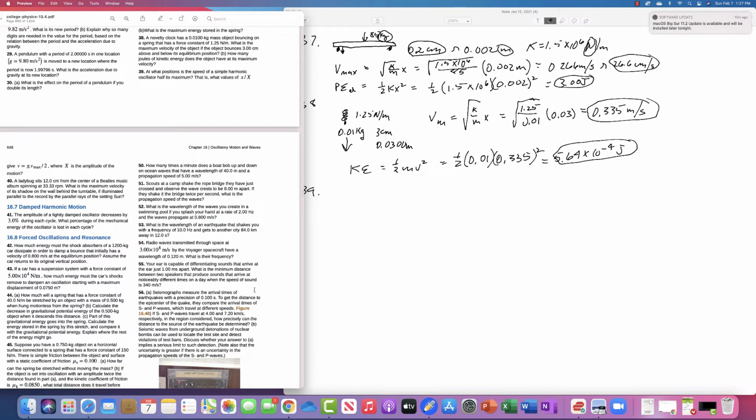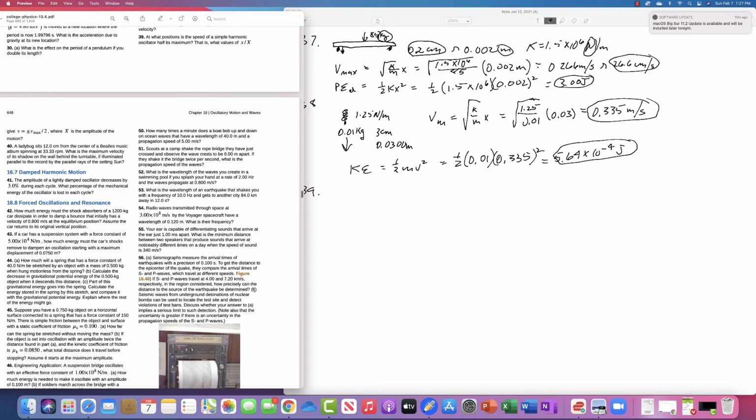What value of the ratio of little x to big X gives you a velocity that is plus or minus Vmax over 2, where X is the total amplitude?